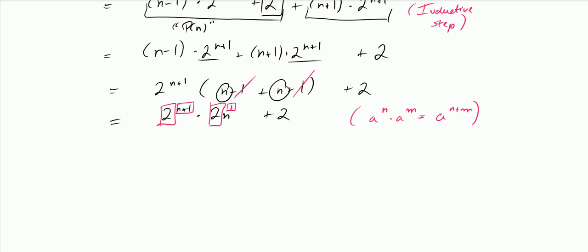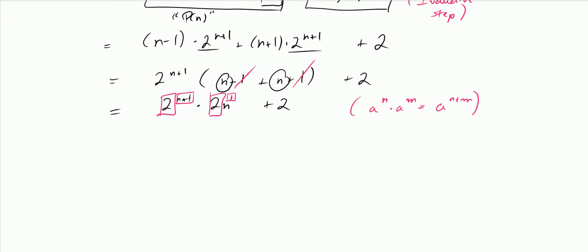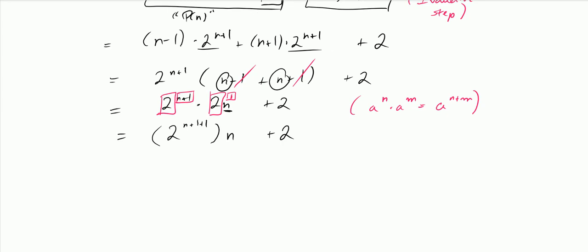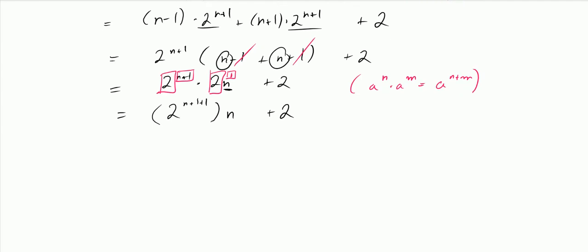So I can add n+1 to 1, which is n+1+1, and that's n+2. The n doesn't affect anything; it's like a constant, so it doesn't affect the power property in this case. If I rearrange this, I have 2 times 2 to the n+2, plus 2.